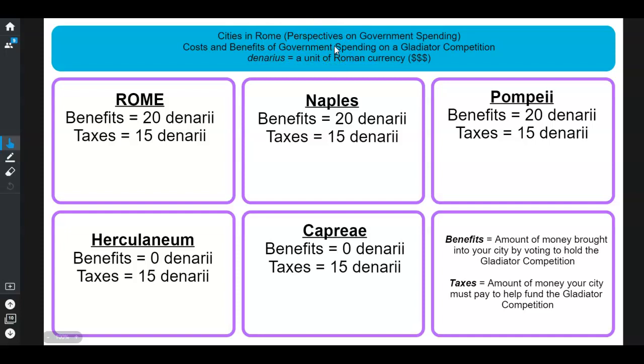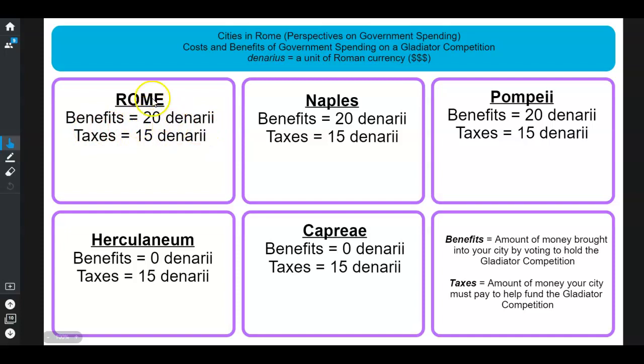And your perspective on particular government programs within the Roman Empire was really going to depend on your geographic perspective, how close or how far away you were located to the center of the empire in the city of Rome. If you are in the city of Rome, in the center of the empire, and the Roman emperor, who's located in Rome, decides to throw a gladiator contest, you are going to benefit.